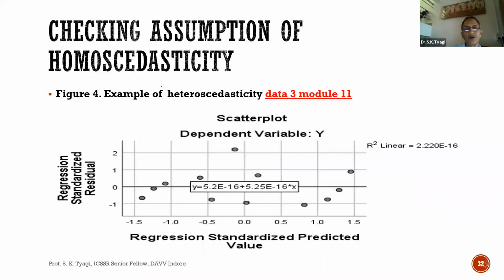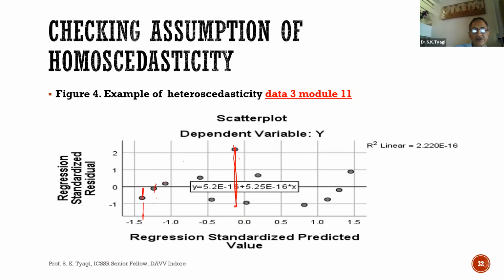Now, homoscedasticity. This is an example of heteroscedastic data. We have this data, and in this particular case, what is homoscedasticity? Homoscedasticity means the variance of the points should be almost equal at equal distance. Here the distance is this much, but at this point the distance is only this much.